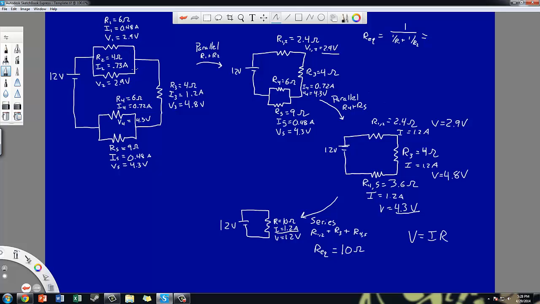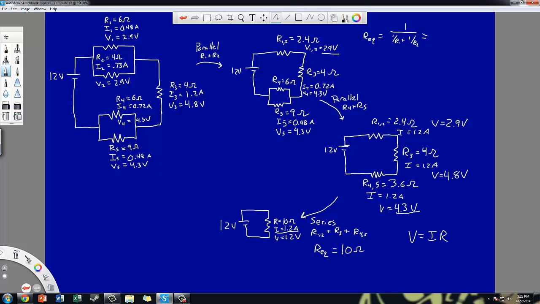If I was worried about it, I could still go through and check my voltages, because if we follow any one pathway through this circuit, my voltages will add up to 12 volts. If we go this way, it's 4.3 plus 4.8 plus 2.9, that adds up to 12. If I go another way, it's still 4.3, it's still 4.8, it's still 2.9, and it still adds up to 12, no matter which pathway we take.